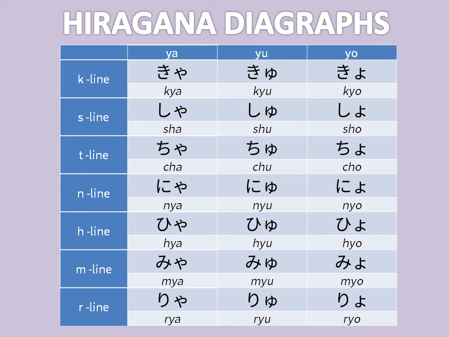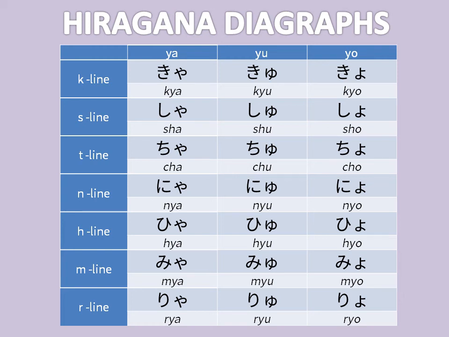For example, with ki, if we add the ya, you would think you would read it kiya. But if you read it fast, kiya, kiya, kya, it becomes kya. Similarly, ki and yu becomes kyu. And ki and yo becomes kyo.